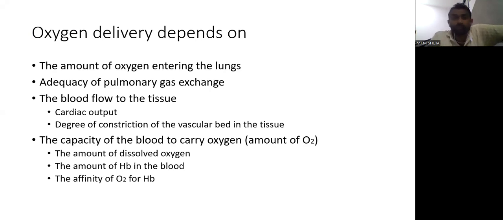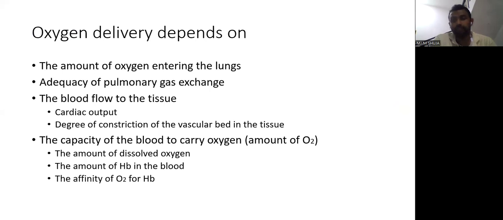The oxygen delivery depends on the amount of oxygen entering the lungs, adequacy of the gas exchange, and enough blood flow to carry the oxygen to the tissue. And another thing is the capacity of the blood to carry oxygen.